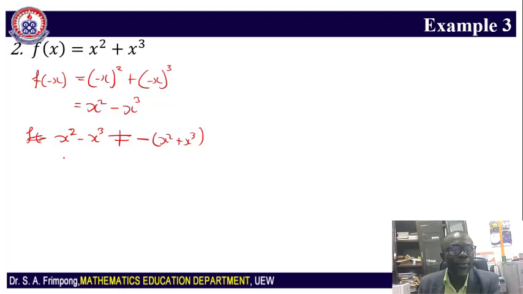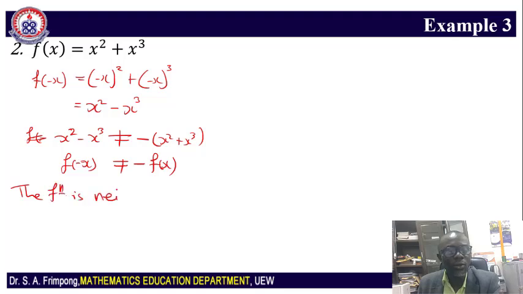In other words, f of negative x is never equal to negative f of x. So this function is not odd, and it's also not even, because for it to be even, f of negative x should be equal to f of x. So the function is neither odd nor even.